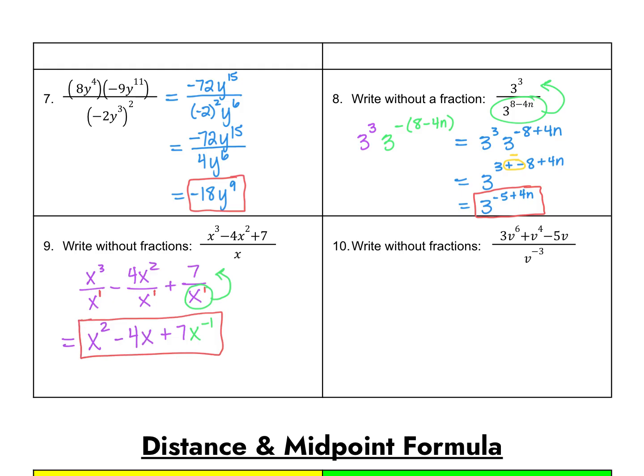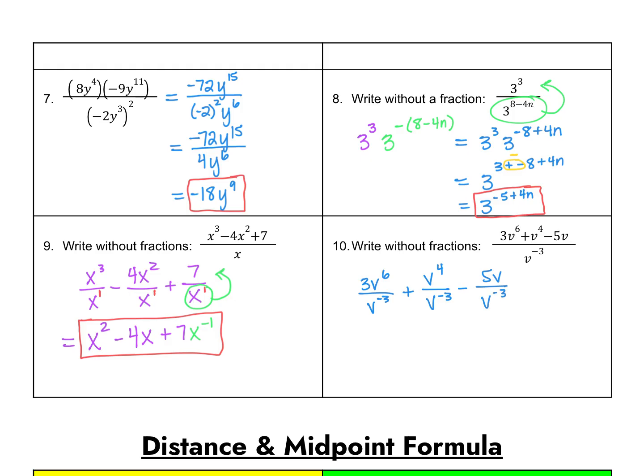Okay. Number 10. Here we want to make sure we don't have any fractions, so let's do it. We have 3v to the power of 6 divided by v to the power of -3, plus v to the power of 4 divided by v to the power of -3, minus 5v divided by v to the power of -3.